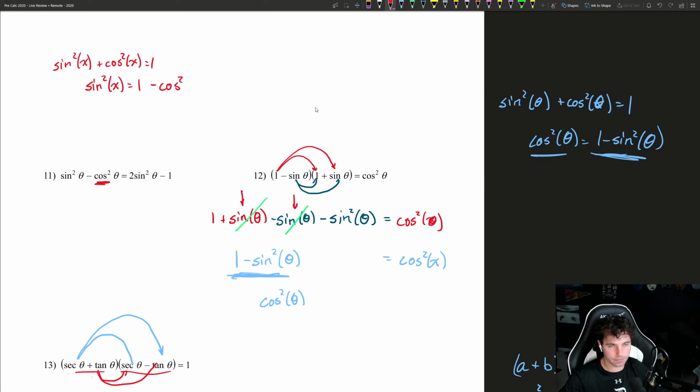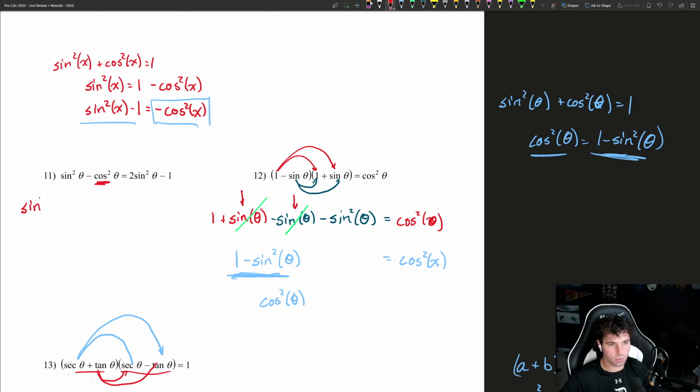And then I can subtract 1 from both sides. So then we get sine squared of x minus 1 is equal to negative cosine squared. That part isn't necessarily obvious, but sometimes you have to do it. So we can rewrite negative cosine squared as this, and that's what I'm going to do.